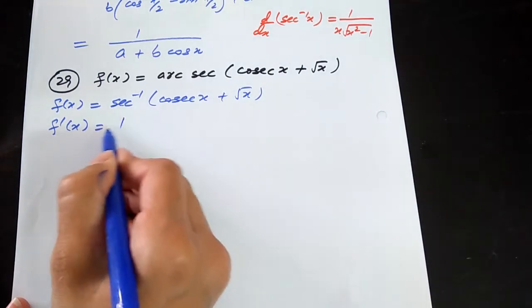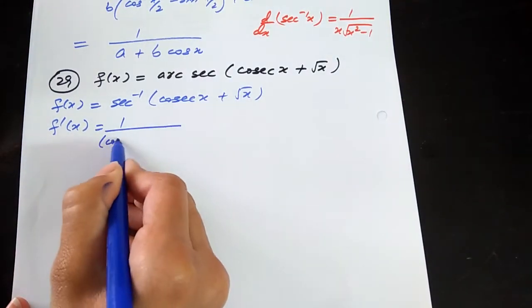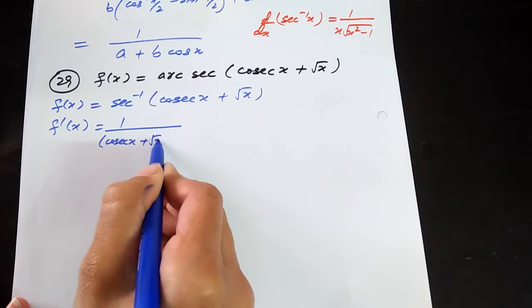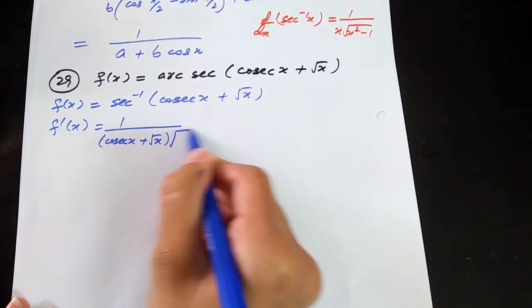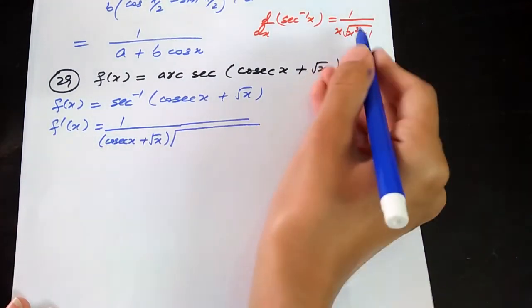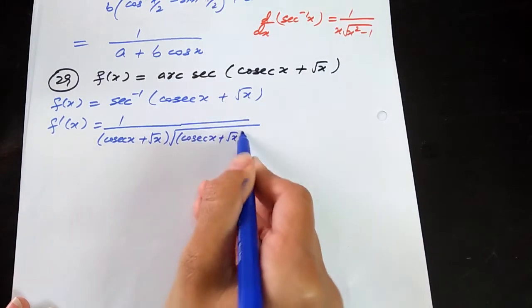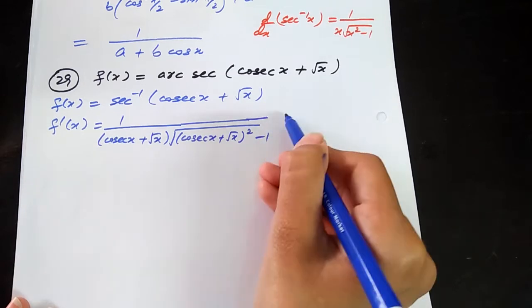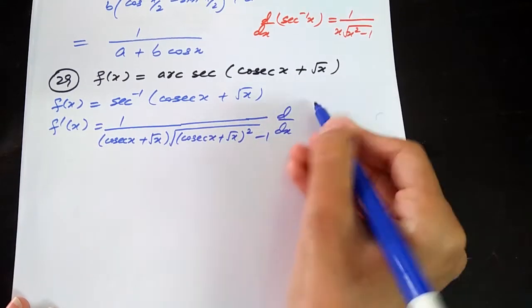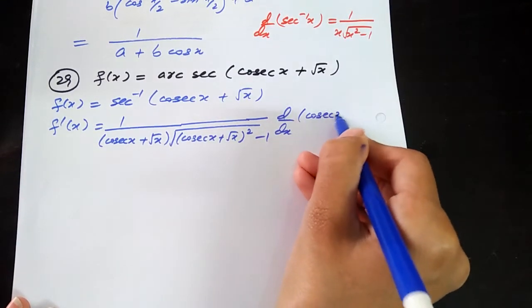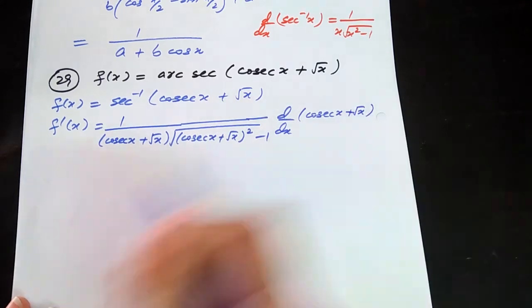So it will be 1 over that angle as it is, cosecant x plus under root x, into under root angle square, that is cosecant of x plus under root x whole square minus 1, and the derivative of that angle, that is cosecant of x plus under root x, like this.